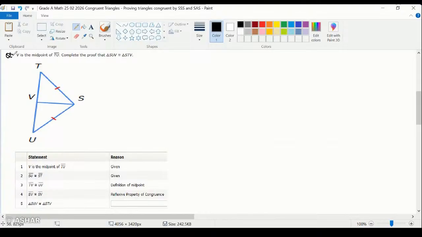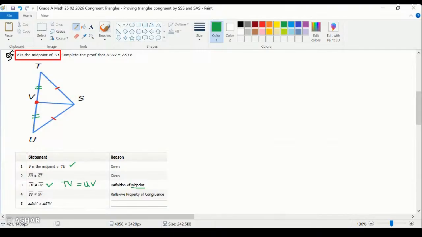It says V is the midpoint of TU. If this is the midpoint, then the length on this side would be equal to the length on this side. This is given to us because of the midpoint, right? The length of TV is equal to the length of UV.